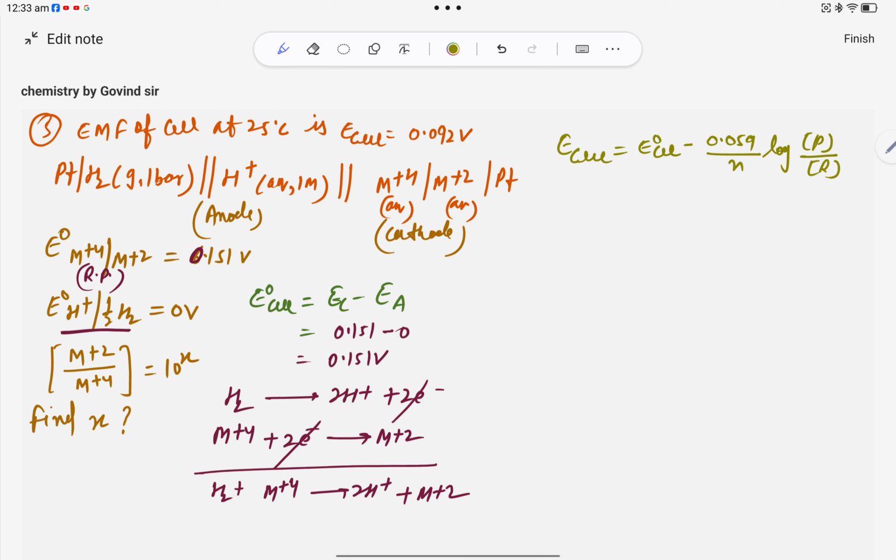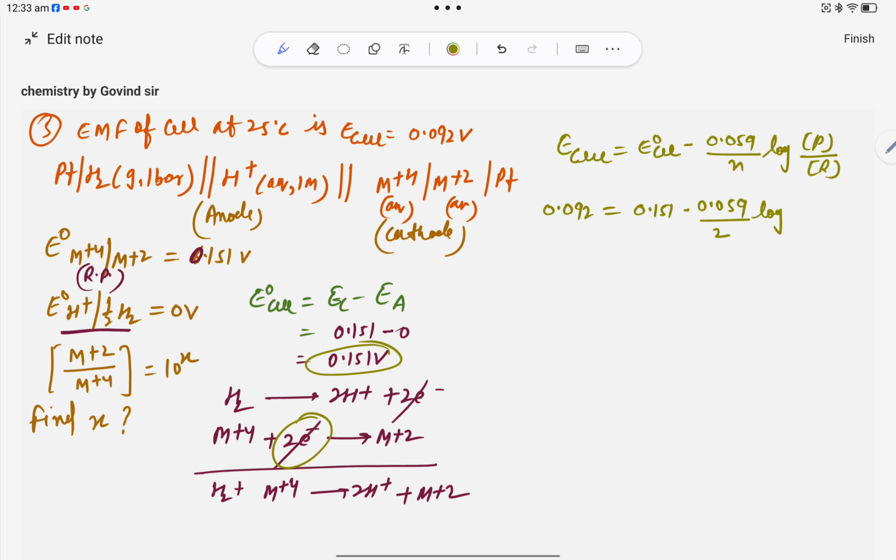So E cell given is 0.092, equal to E naught of cell, we found this value 0.151, minus 0.059, n is what? Electrons, 2, log.